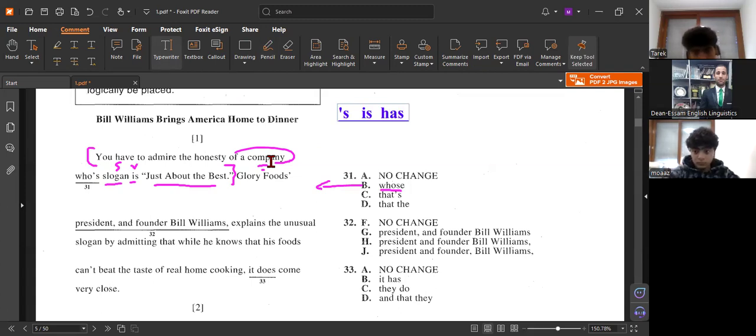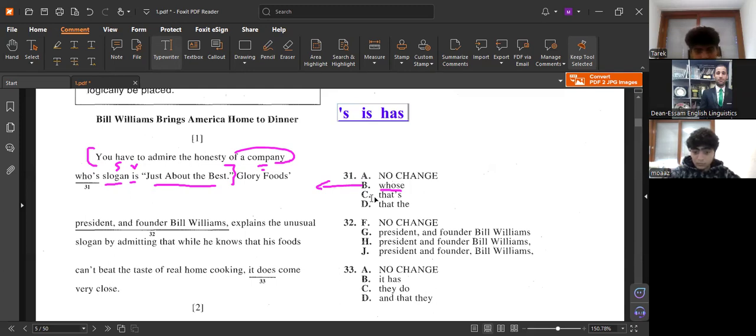So if it's it, who is wrong. Again, a company who has is wrong. By all means is or has must be wrong because it's not who. Who is means the same, so it must be wrong.